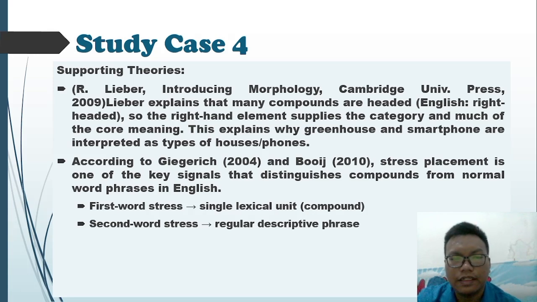According to Giegerich in 2004 and Booij in 2010, stress placement is one of the key signals that distinguish compounds from normal word phrases in English. First word stress: a single lexical unit or compound. Second word stress: a regular descriptive phrase.